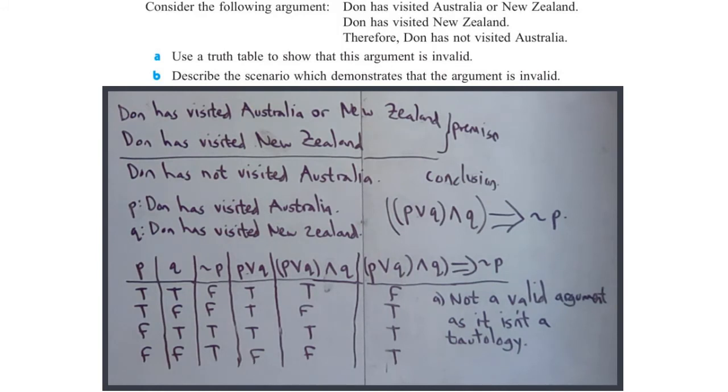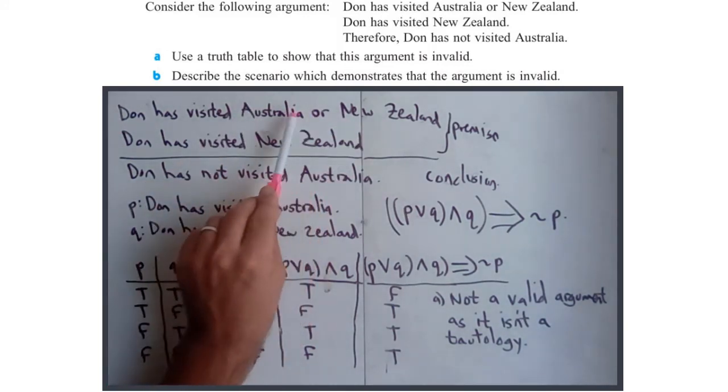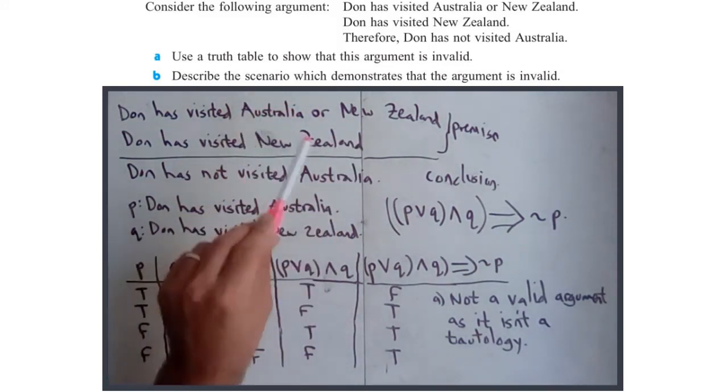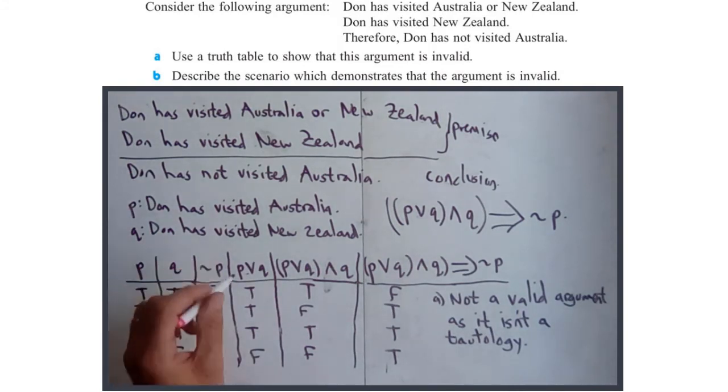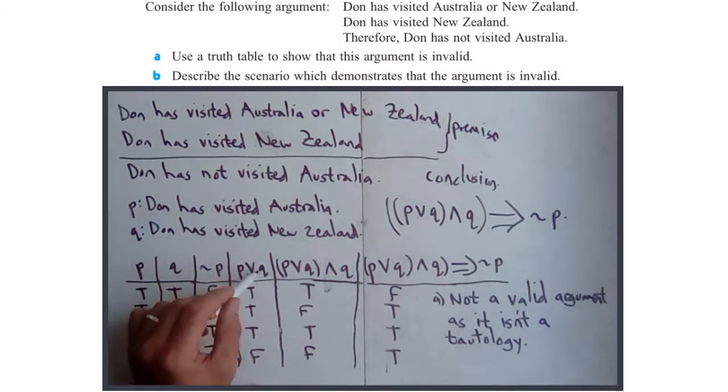For part B, describe a scenario that demonstrates that the argument is invalid. If you just think about the argument, it's saying Don has visited Australia or New Zealand, he's visited New Zealand, so that means he hasn't visited Australia. Well, what if he had been to both? Remember, this is Australia or New Zealand or both.